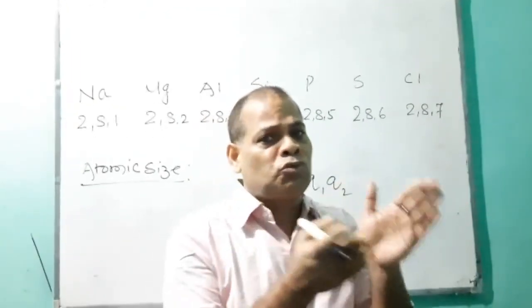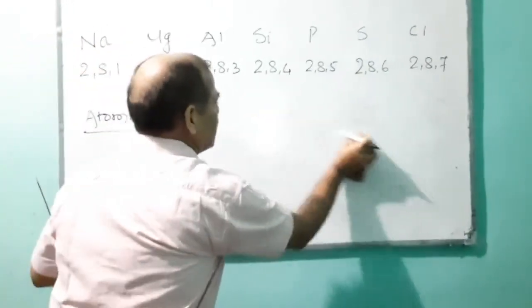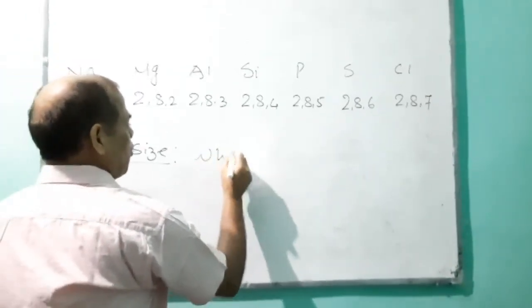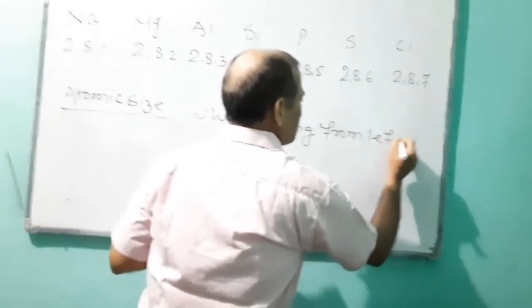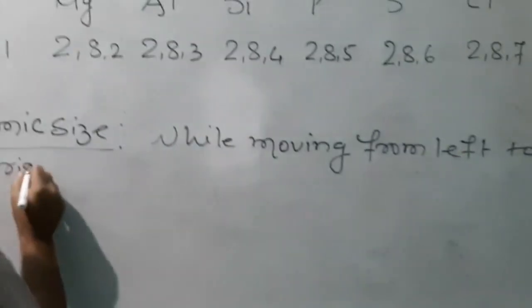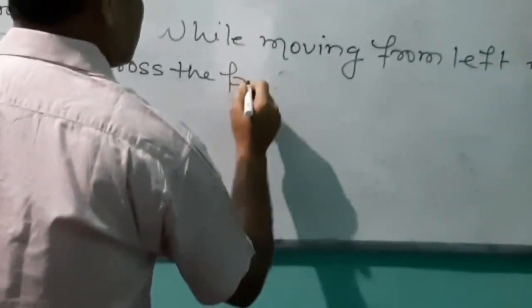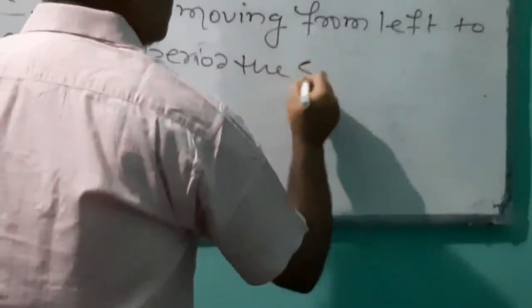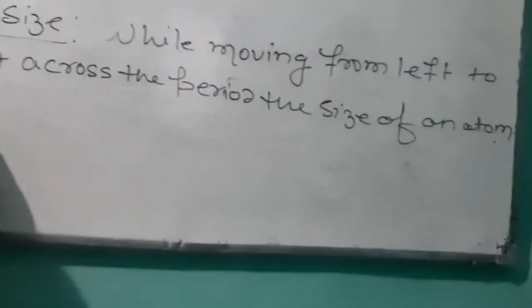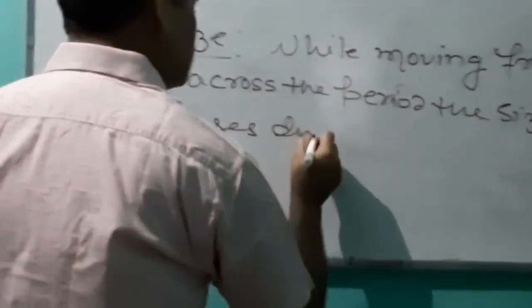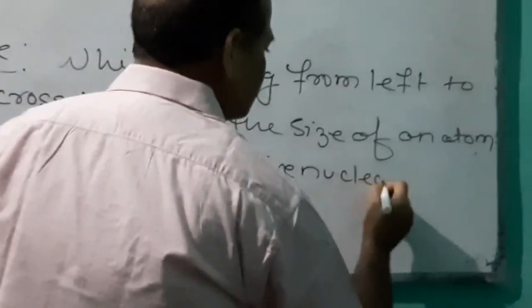So while moving from left to right across the period, the size of an atom decreases due to effective nuclear charge.